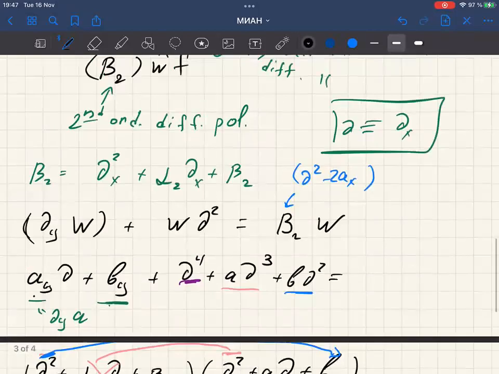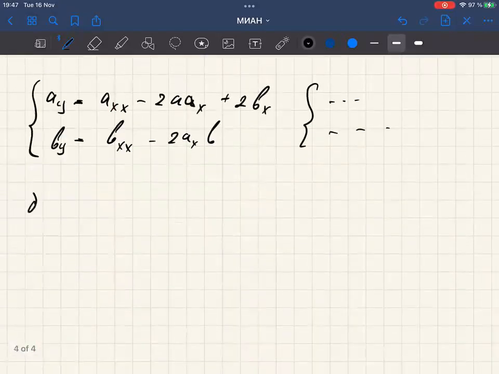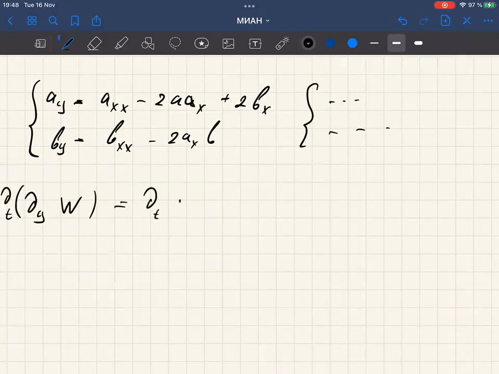We could see that this condition we could just write this way: d y v dt equals dt dy v.